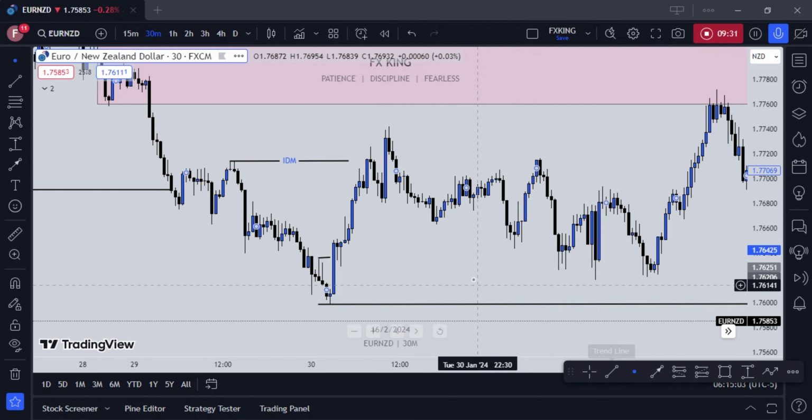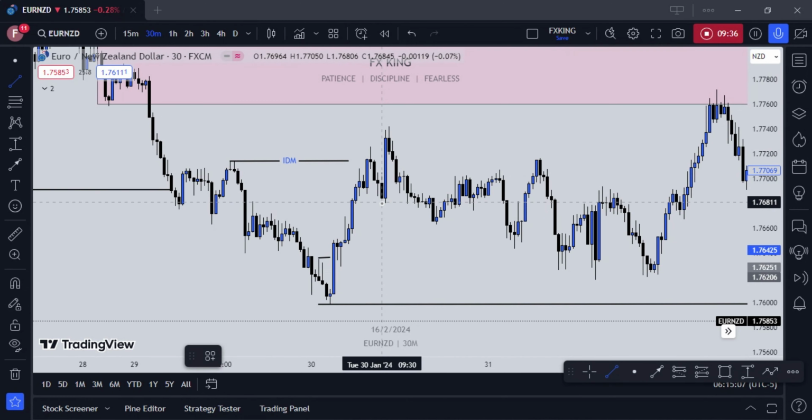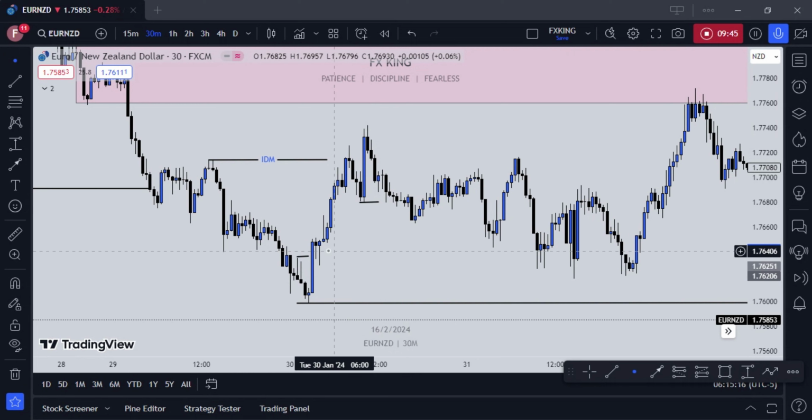So after that inducement was taken out, price rallied up. When price rallied up, it gave us this internal inducement here also. Then it gave us our SMT here.